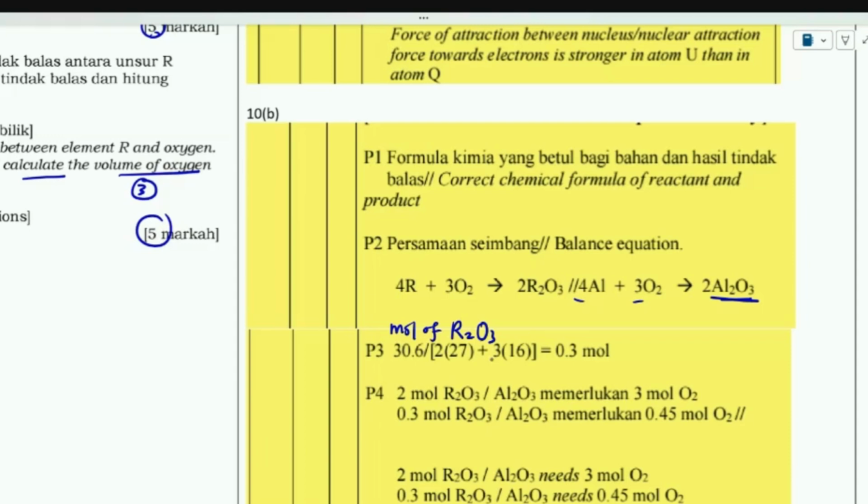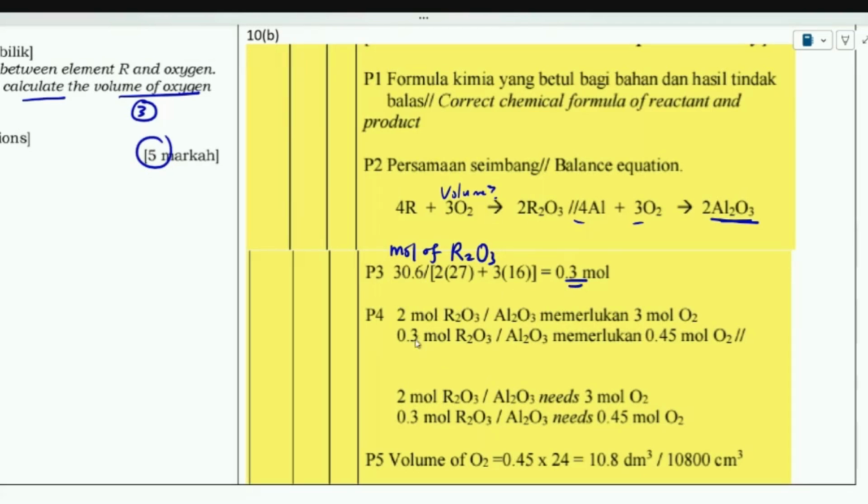Mass divided by molar mass, so you get 0.3. Then what is the volume of oxygen? You need to find the volume. The ratio is 2 to 3: if 2 moles of R2O3 needs 3 moles of oxygen.